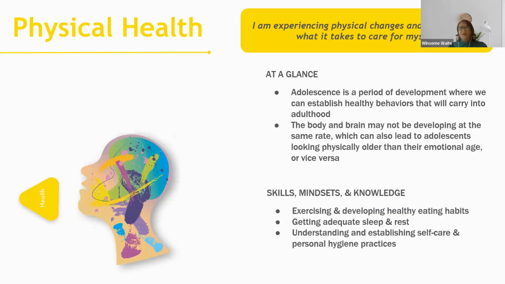When we think about physical health in adolescence, I think all of us can attest to going through that period ourselves and remembering those physical characteristics that we had to deal with. Some of those characteristics are about things like our height changing, but also the characteristics of just a male or female. We see those very evident in the adolescent period.